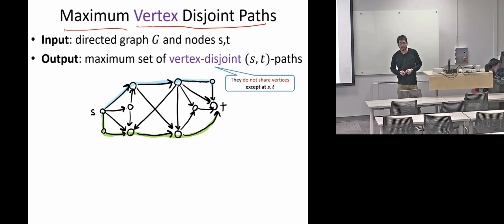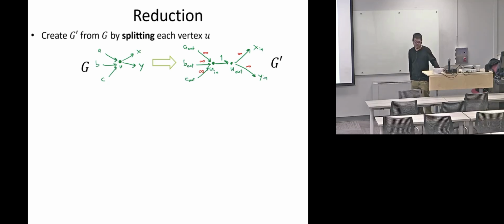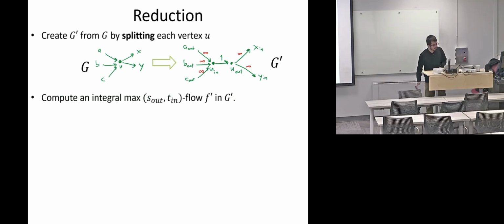Yeah, exactly. It's the same idea, and now the same transformation. Instead of looking at ST cut, now we look at ST flow. That ST flow will correspond to vertex disjoint paths. Same transformation. Compute the integral flow.